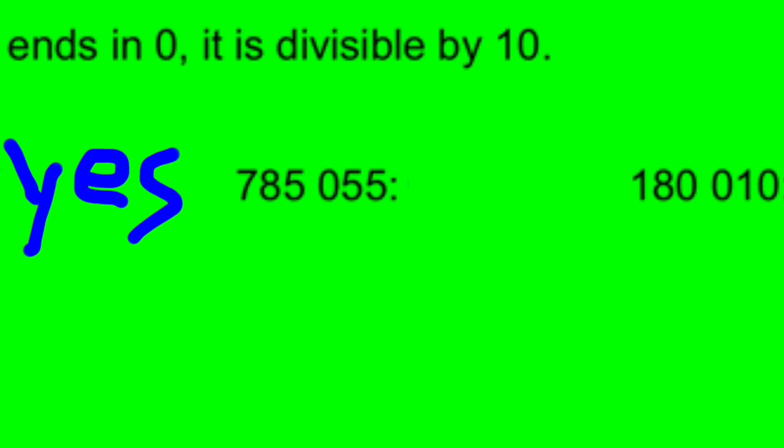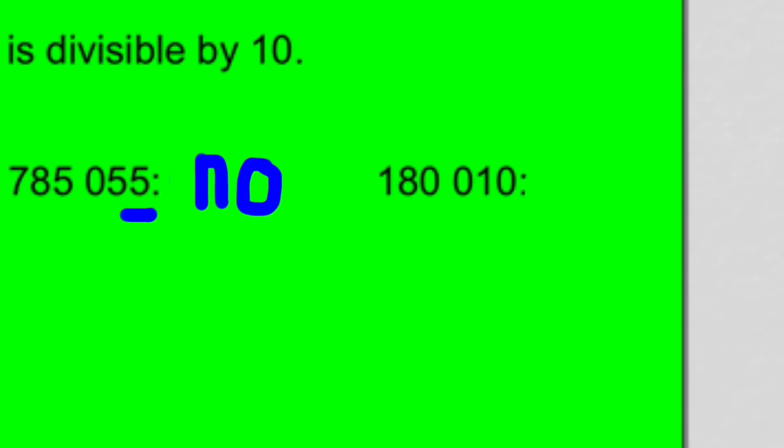Whereas 785,055 ends in a 5. That number will be divisible by 5, but it will not be divisible by 10. It has to end in a 0. And 180,010 ends in a 0. So yes, that number is divisible by 10.